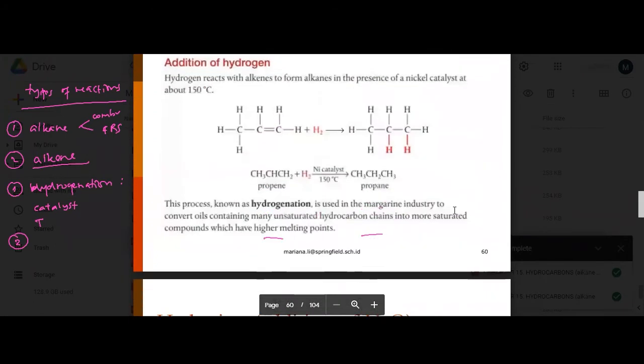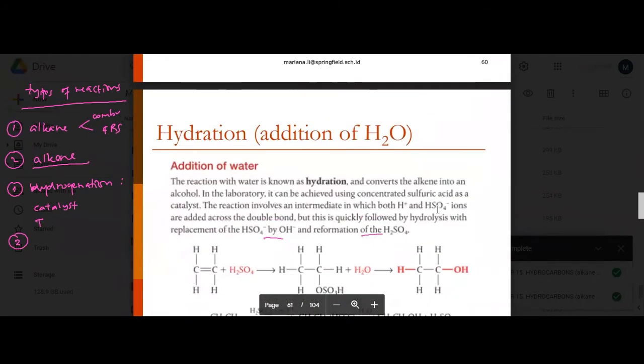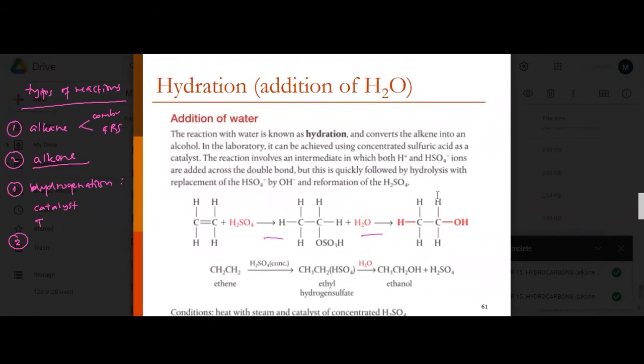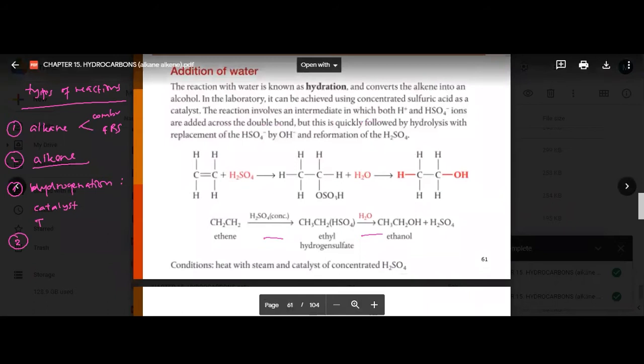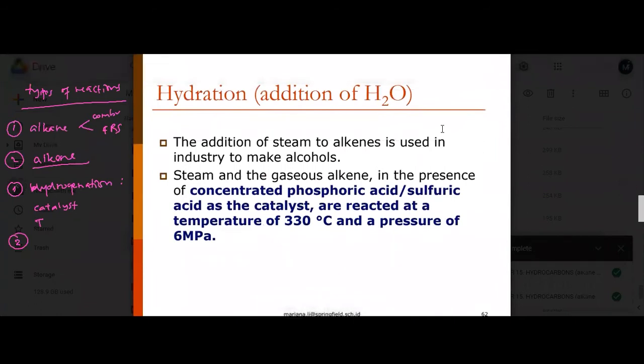Next reaction, number 2, is hydration. This is addition of water. It is very important to understand that the water used here is not in liquid form, but in steam form, or gaseous state.